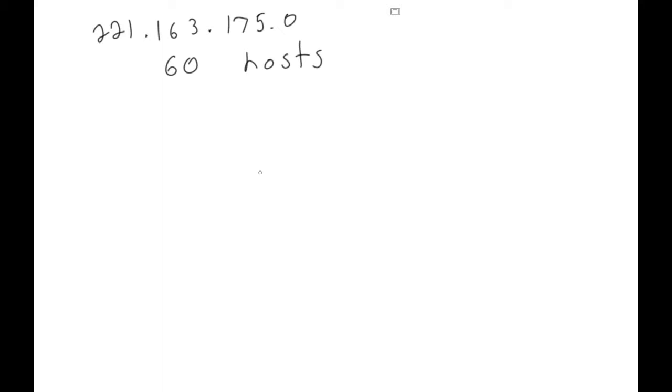So subnetting would help with that, because it basically lets you stop wasting address space and split up everything so that it can be used in different ways. So with a Class C, the 24/8 that I was talking about, if you were a company and you chose a Class C address and you only needed it for like 10 hosts, then you'd be wasting 2 to the 8th minus 10. That's a lot of wasted space.